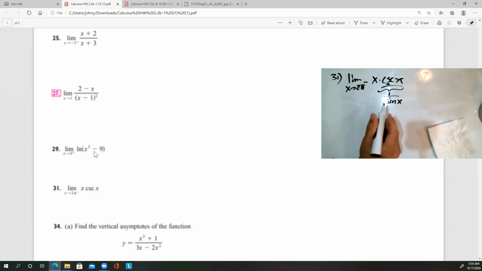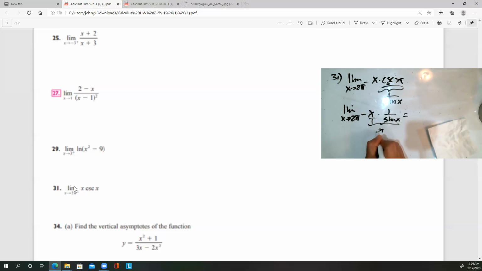So if you write this out, that becomes the limit as x approaches 2 pi from the left of x times 1 over sine of x. Just put the x over 1 and multiply straight across. Remember, if there's nothing there, there's no operation. The basic default operation when there's nothing there means that it's being multiplied.